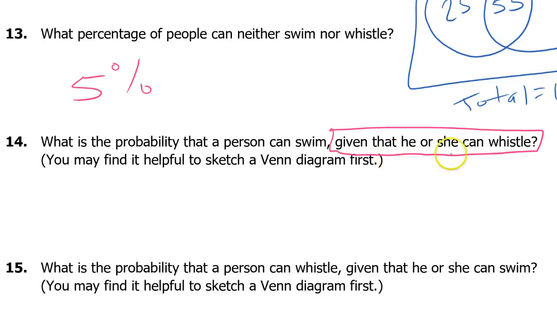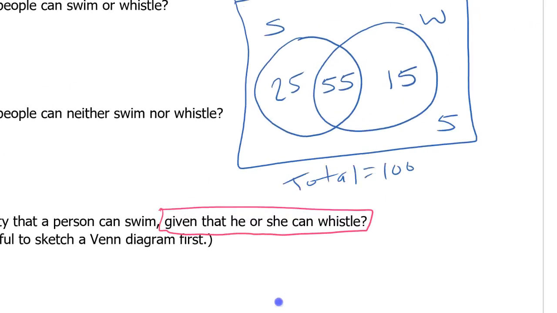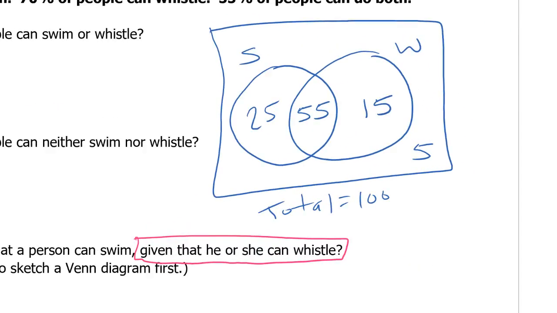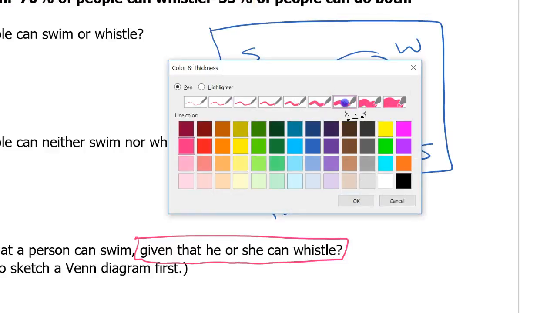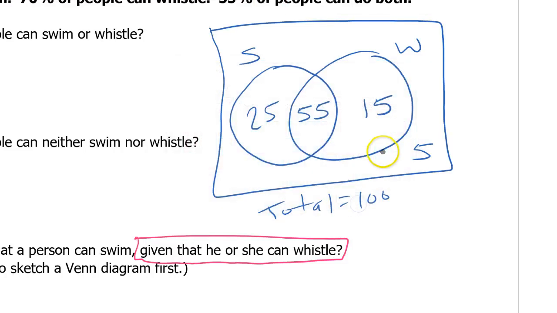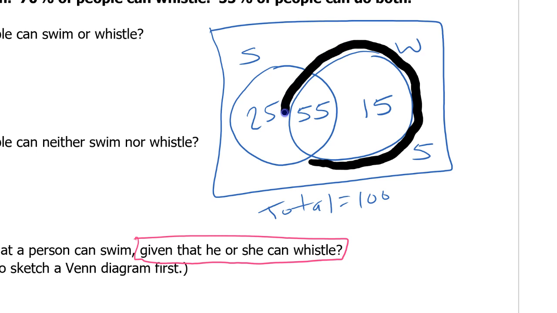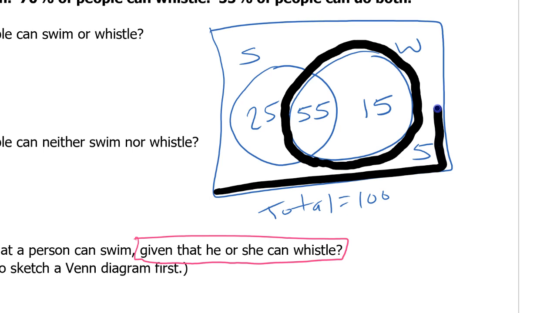So given that he or she can whistle, the universe will shrink down to the whistling circle. Everything else is going to go away.